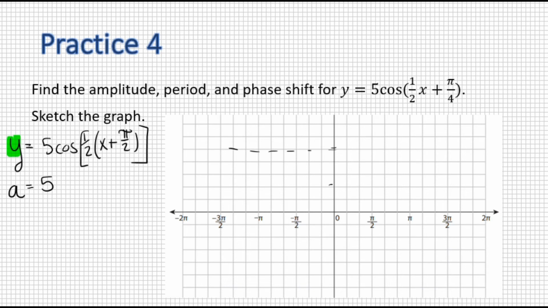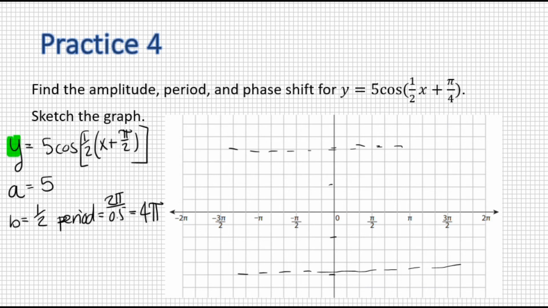There we go. There's my range in the positive direction. There it is in the negative direction. Thereabouts. Okay. The frequency is 1/2, which means the period is 2 pi divided by 1/2, which equals 4 pi.